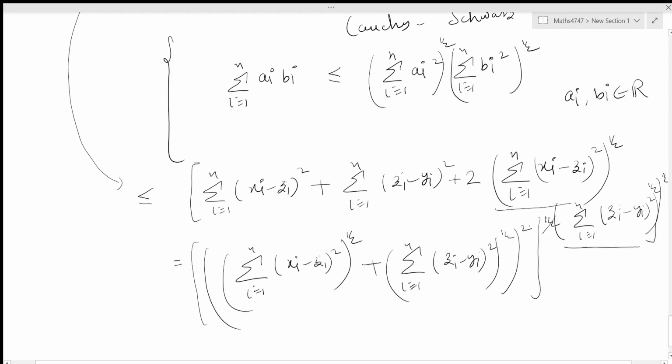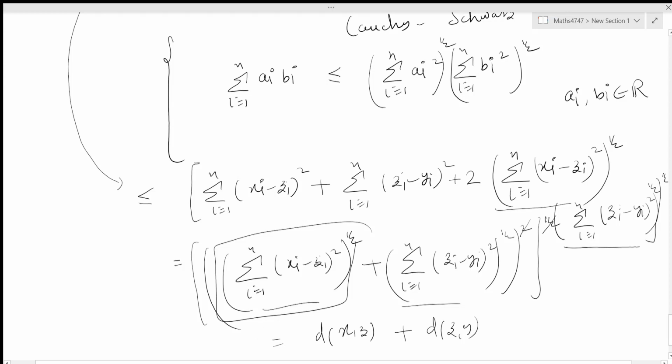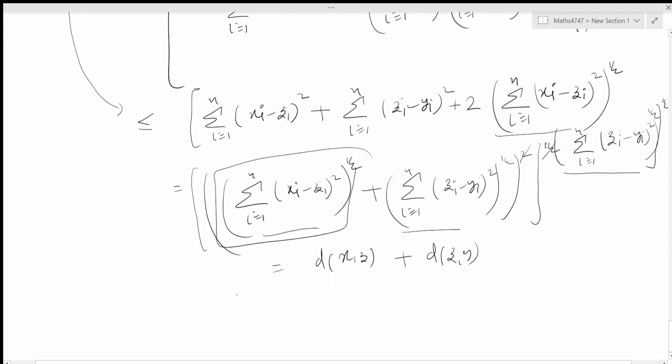These two cancel out, and this term, what is this? The first term is d(x,z) and this is d(z,y). So what we get? d(x,y) is less than or equal to d(x,z) plus d(z,y). So my last property is also verified.